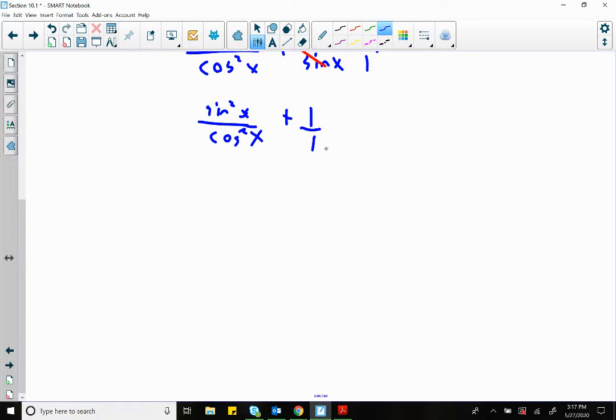So how do I turn this with a common denominator of cosine squared x? Because that will be the common denominator. So what do I have to multiply this by? Yeah, I have to multiply this by cosine squared x. So over here, I get cosine squared x on top.